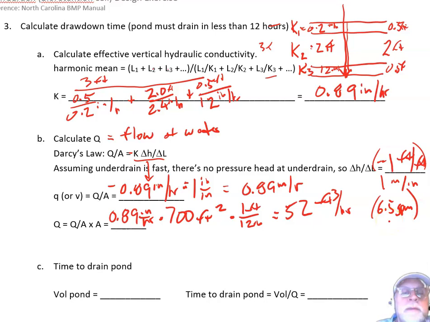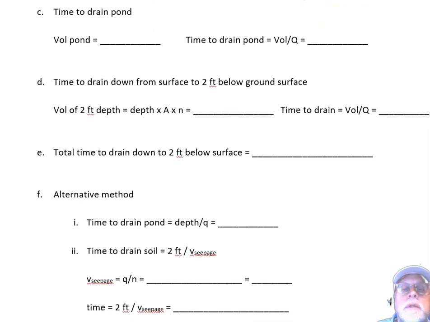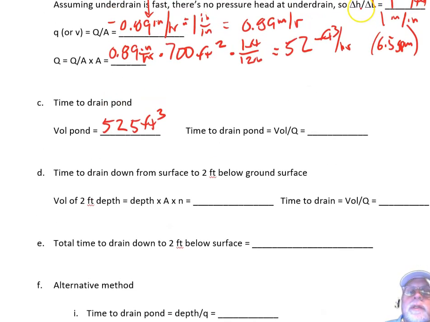All right, so the time to drain the pond. The volume of the pond is 525, remember that, cubic feet. The water is now draining down at 52 cubic feet per hour. That's what we just did right there.